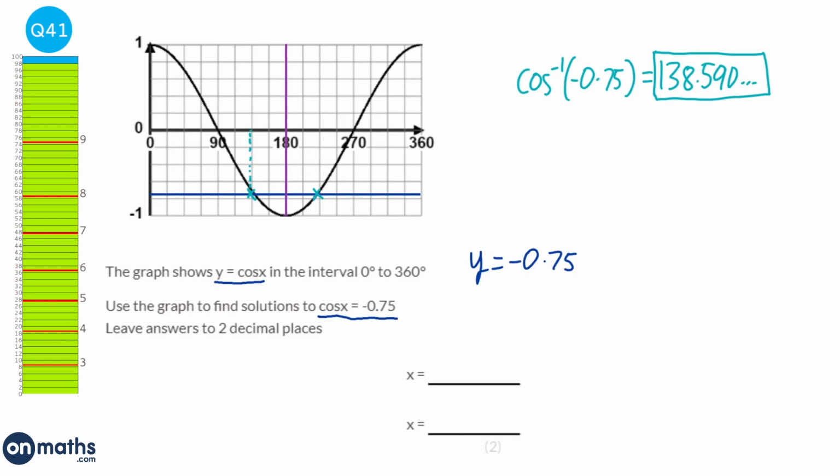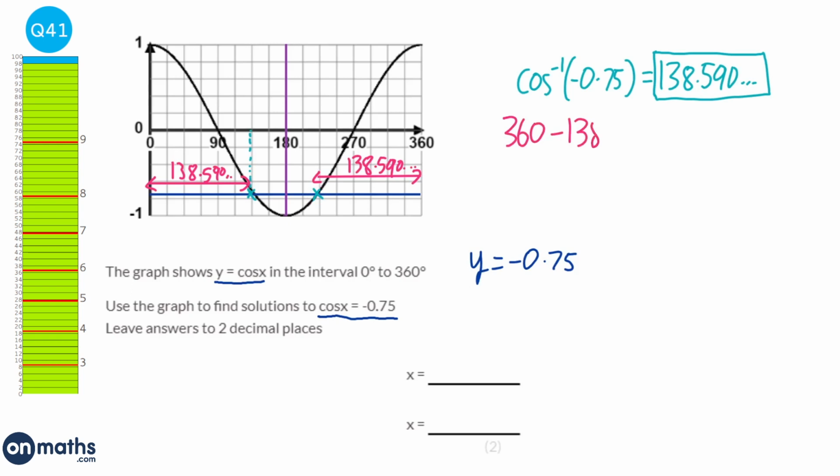So if the distance between the start and here is 138.590 blah blah blah, then that distance must be the same distance as here. That must also be 138.590 blah blah blah.